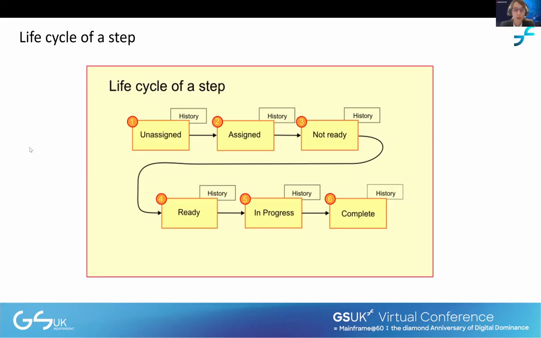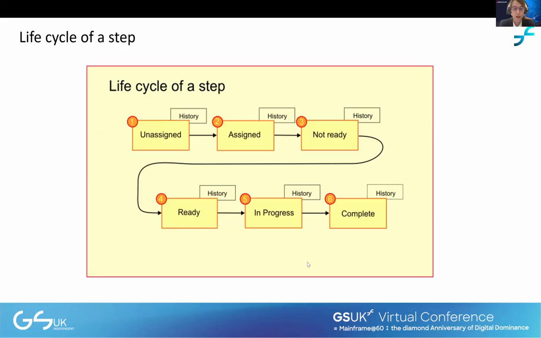If you have conditions or prerequisite steps there, steps are not ready until the prerequisite step is done. And based on the conditions, the step becomes either ready or skipped. We were here just showing the happy path, so everything is ready, right?